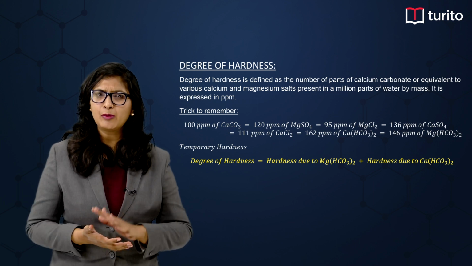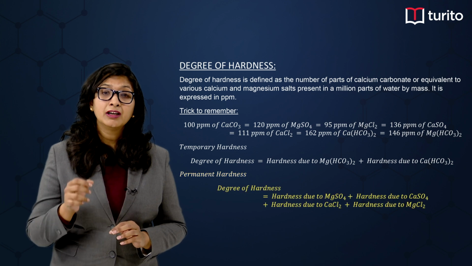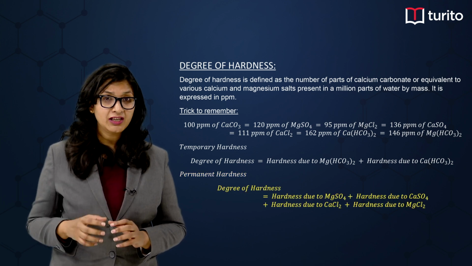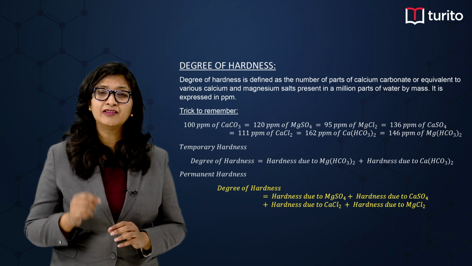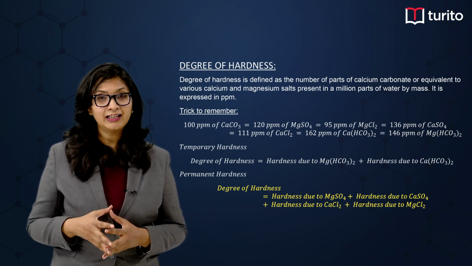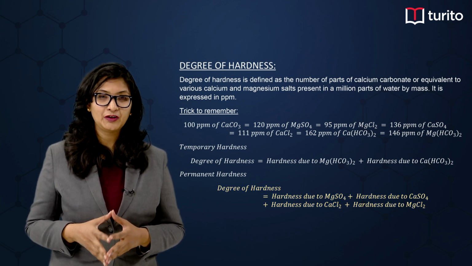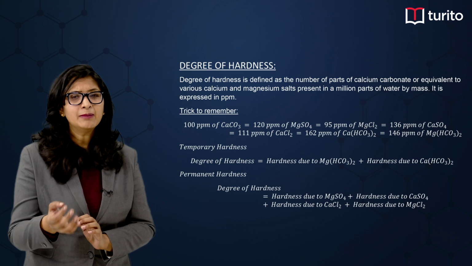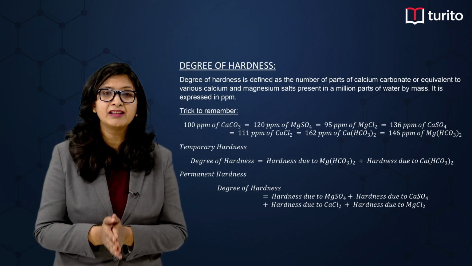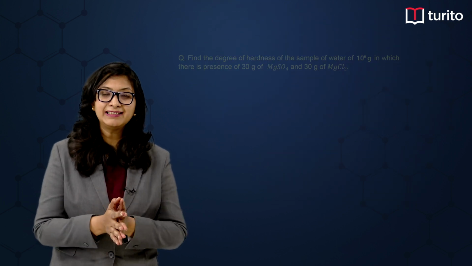Now when I am talking about permanent hardness, then it will be equal to the hardness due to MgSO4 plus the hardness due to CaSO4 plus the hardness due to CaCl2 and plus hardness due to MgCl2. Now remember, in a particular sample it is not necessary that all the components will be there. So now let us see a question.